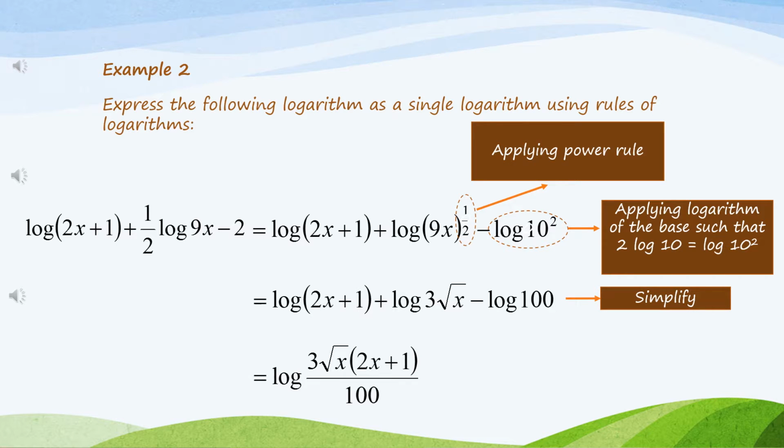Then, after simplifying and using the product rule and quotient rule, we get log of 3 times square root of x times 2x plus 1, over 100.